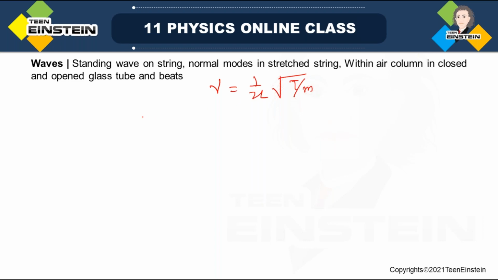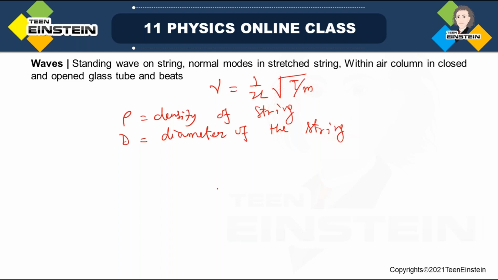Now if rho, the density of the string, and capital D, the diameter of the string, are given, then the mass per unit length can be written in a different way.